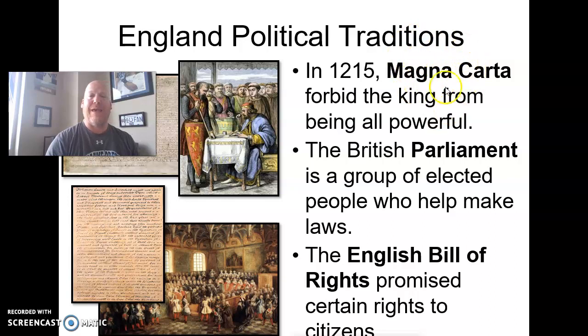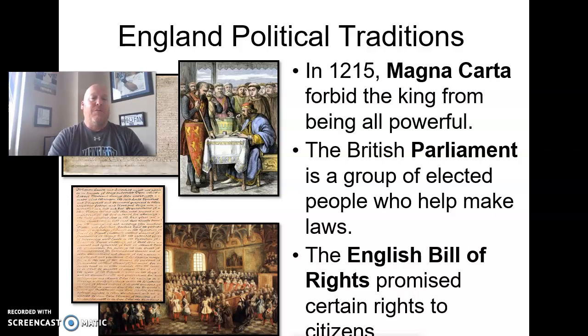This is Latin here, okay? So the Magna Carta forbid the king from being completely all-powerful. The king at that time, I believe it was King John, was a bit of a jerk, and he was kind of a tyrant. And the people of his country and his kingdom got tired of it.